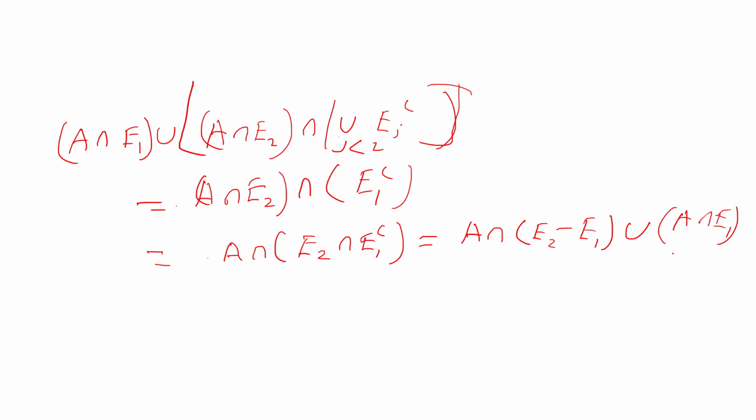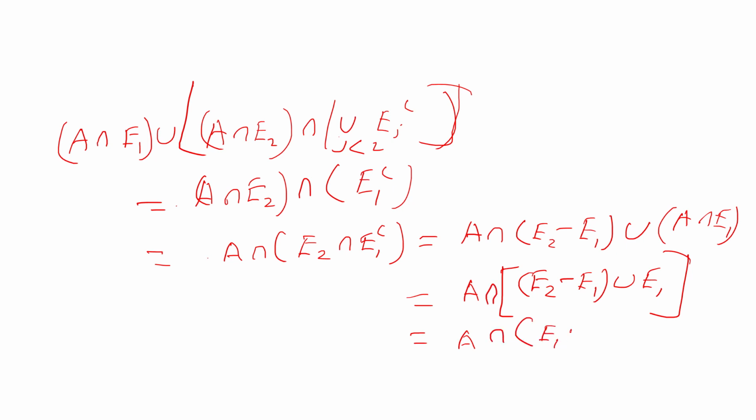Alright, so this you can write like this, A intersection E2 difference E1 and then the union E1. So you take out from E2 E1, and then again you take E1 union, that is exactly equal to A intersection E1 union E2.